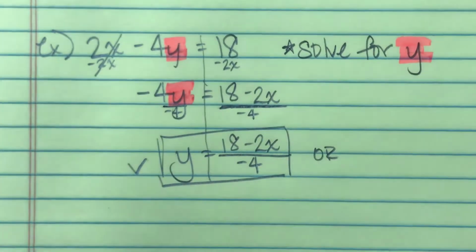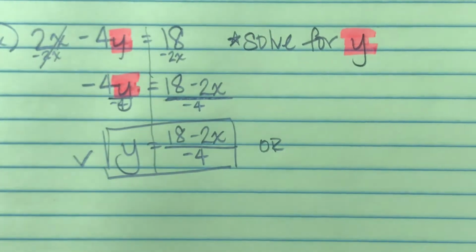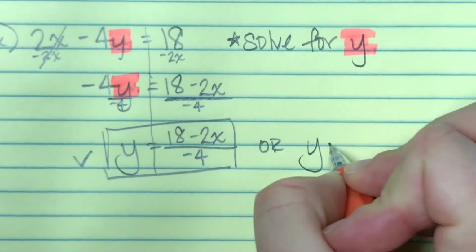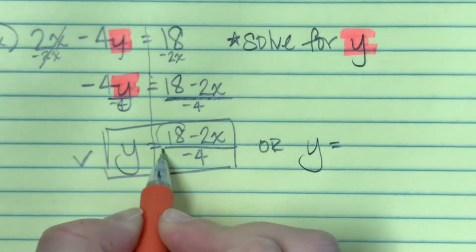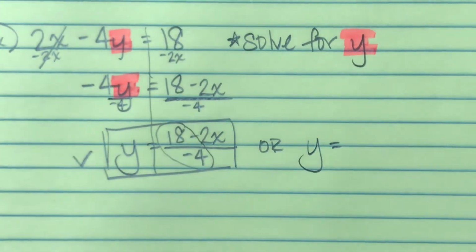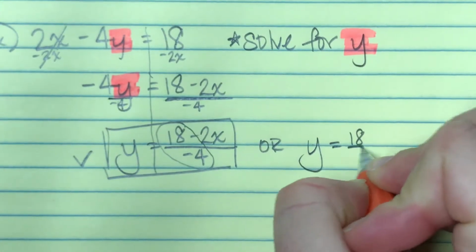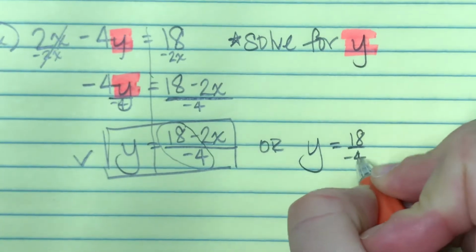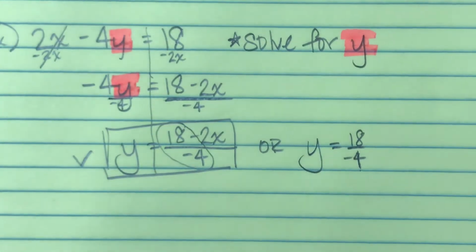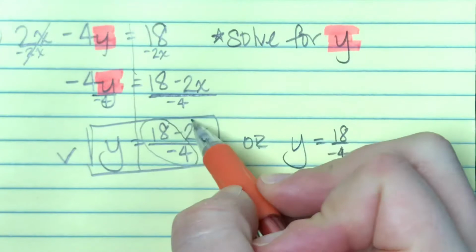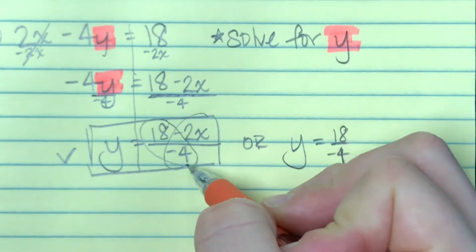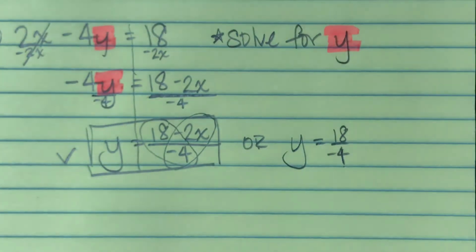Or if you want to be really awesome, then you go over to the next step and you distribute. I'm going to go, okay, 18 divided by negative 4. Well, that doesn't work out clean, so I'm just going to leave it as 18 divided by negative 4. Now we get a little bit of a tricky situation here because you've got a negative 2x divided by a negative 4.